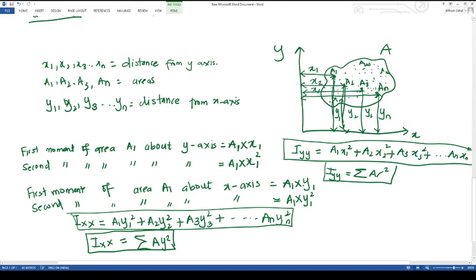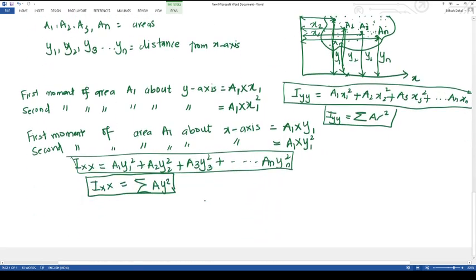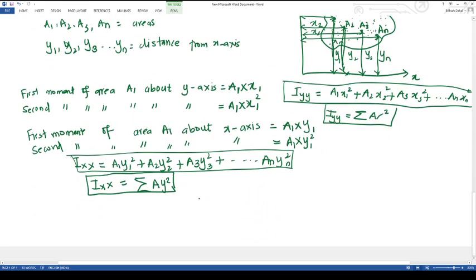Now looking at both generalized forms, we can say that Ixx and Iyy can be written as I. So all in all, if we write it in a general way, we get the summation of all the areas, total area times the distance squared.